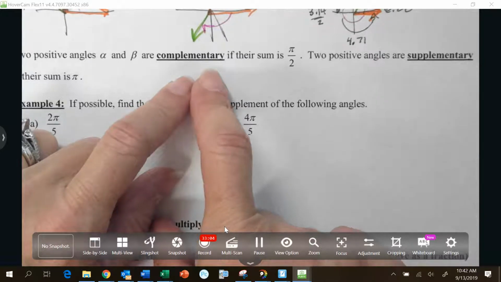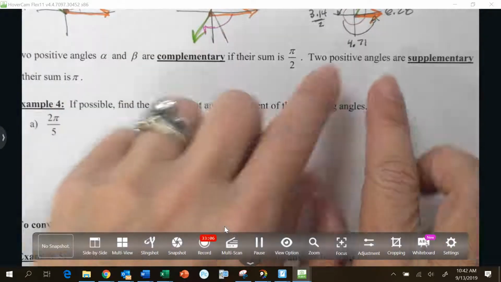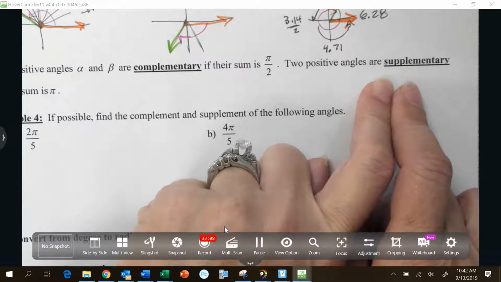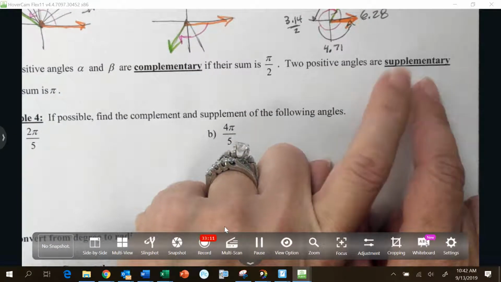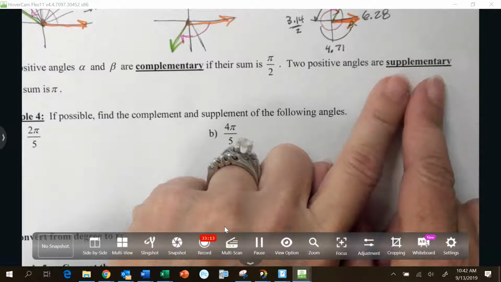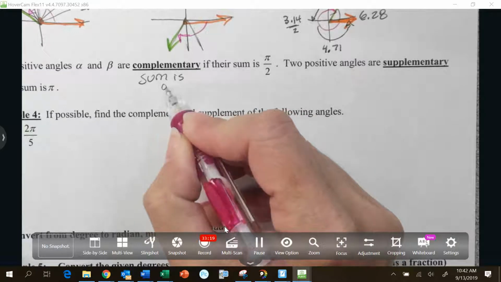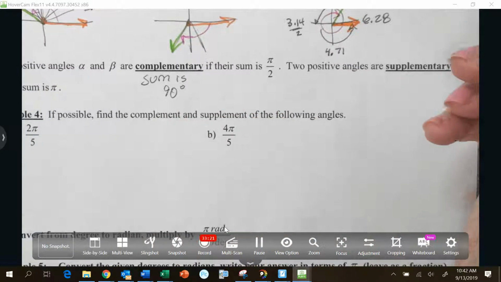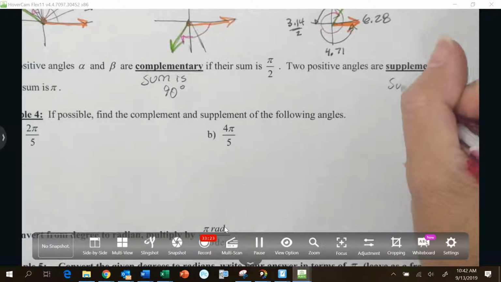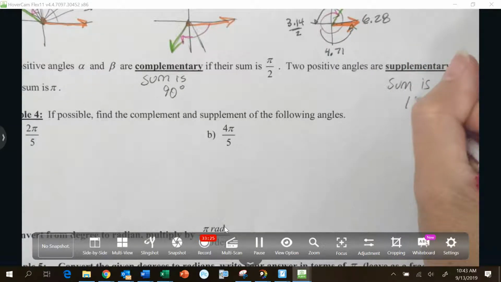Yeah, the sum of the two angles is 90 degrees, yes. So now, what's supplementary? Jalen? Yeah. So complementary, the sum of the two angles is 90 degrees. Supplementary, the sum is 180 degrees.